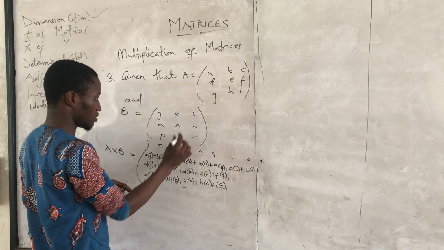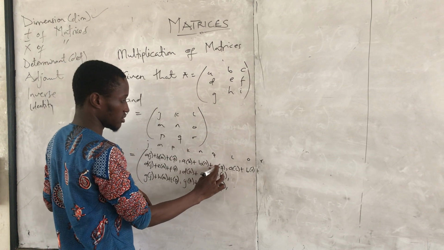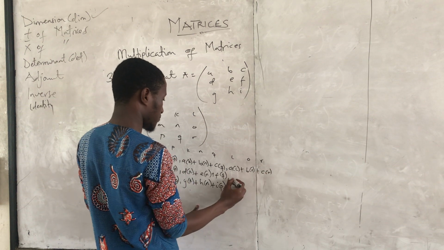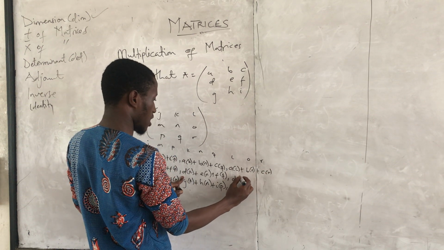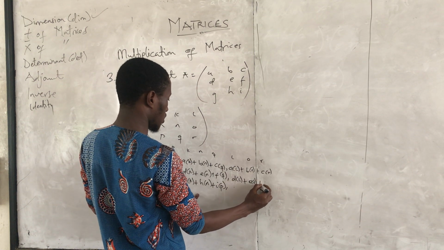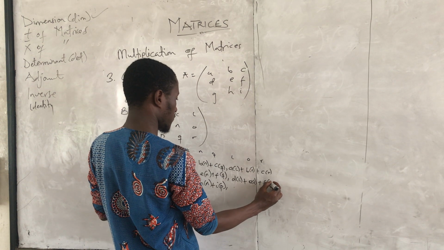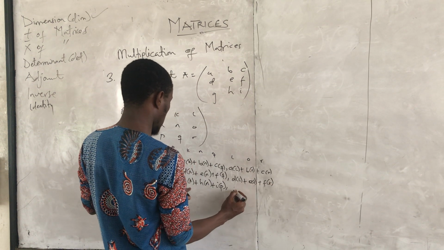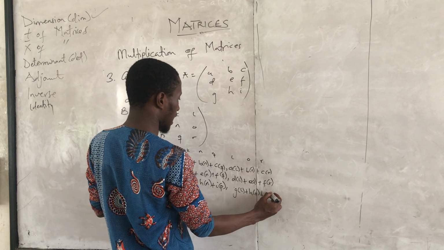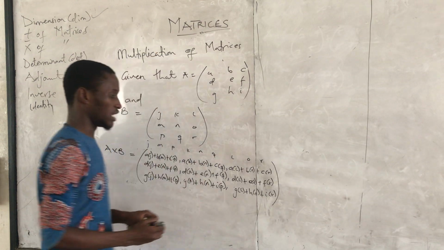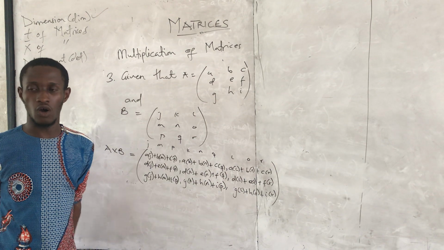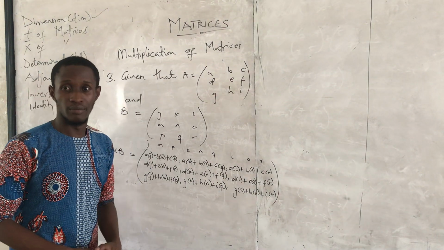So plus C times R. Then D, L plus E, O, oh sorry, plus F, R. Then we have J, L plus H, O plus I, R. So when you do the addition, that will become your solution for the 3 by 3 matrix multiplication.